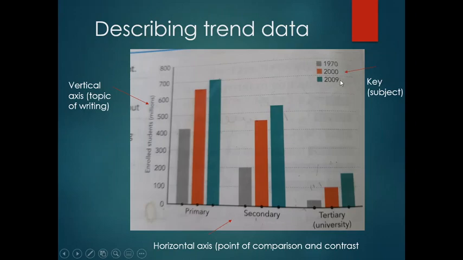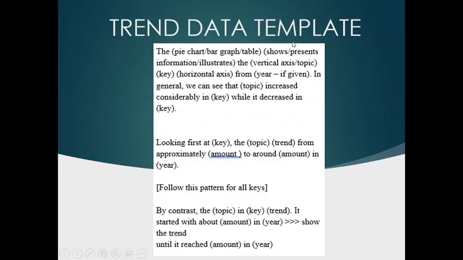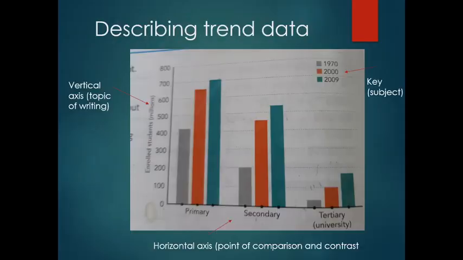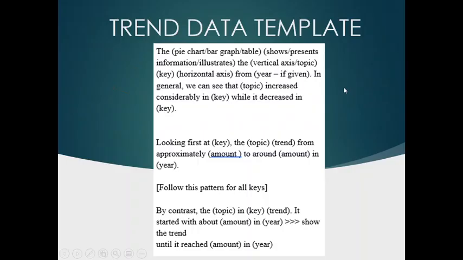This is the key. Okay. This is actually the year. You can put it here. The horizontal axis. Oops, sorry. Okay. The number of students enrolled in primary, secondary, and tertiary school from 1970 to 2009.